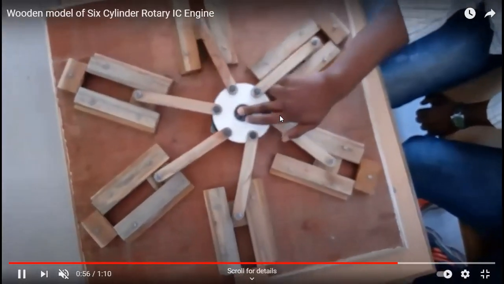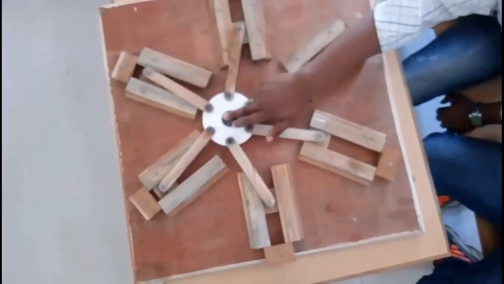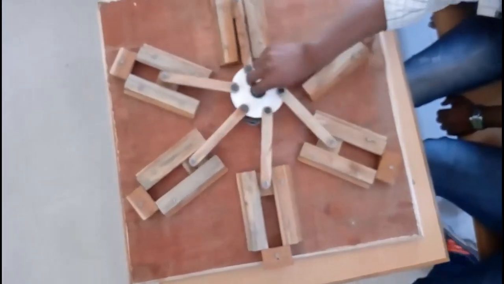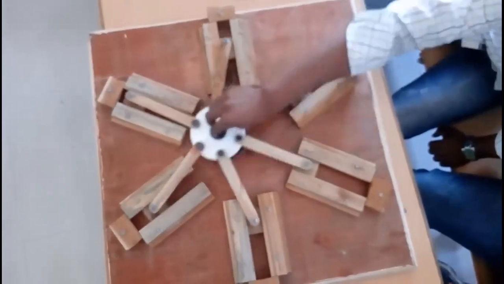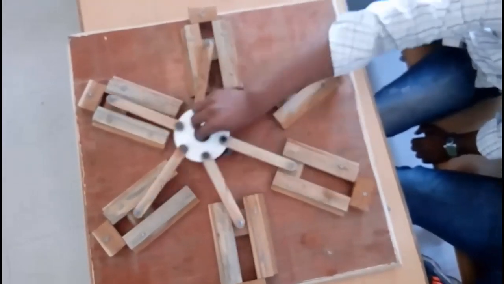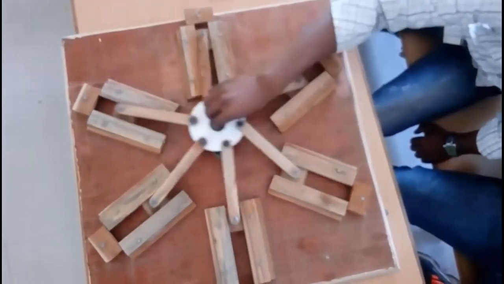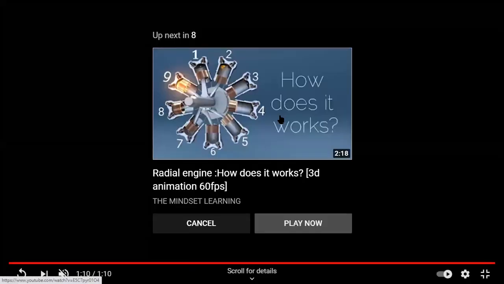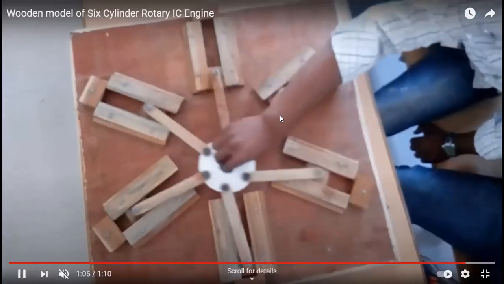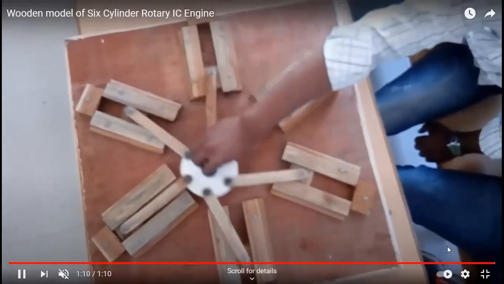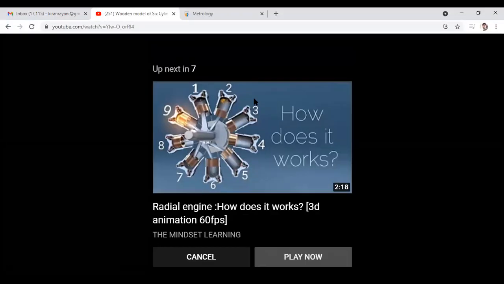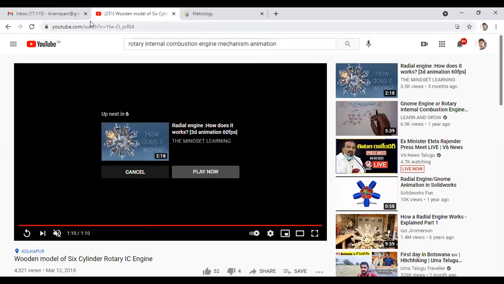So this is the slowest motion. So when it is used to move in that direction, the others also move in that direction only. So this is about the rotary engine.